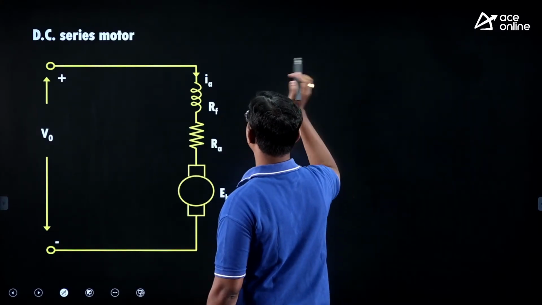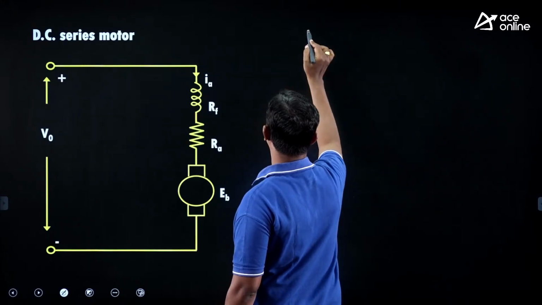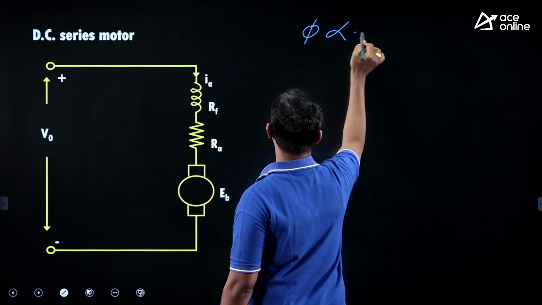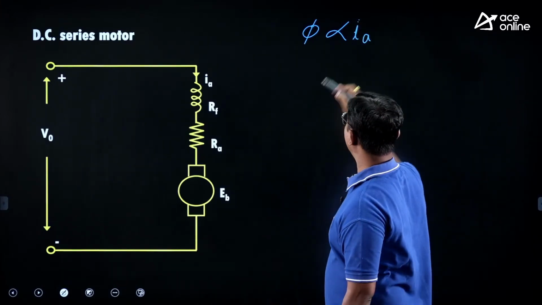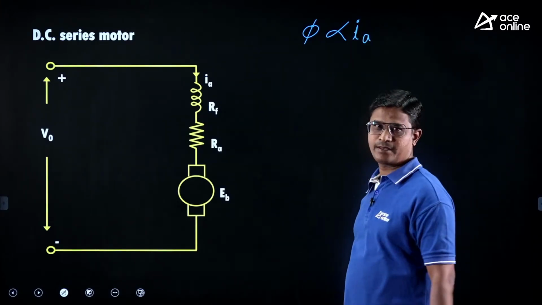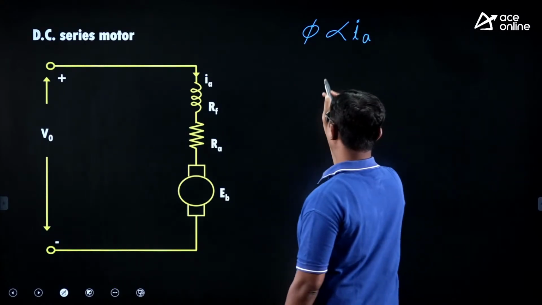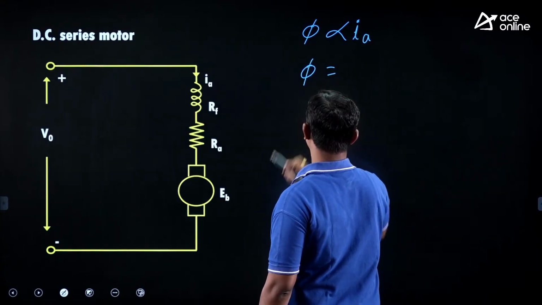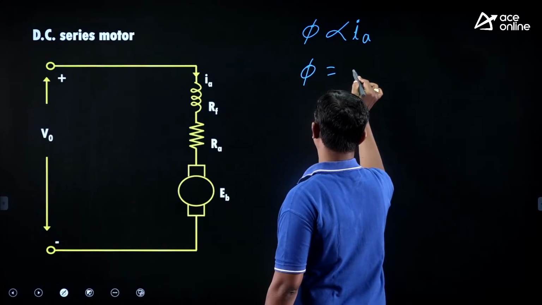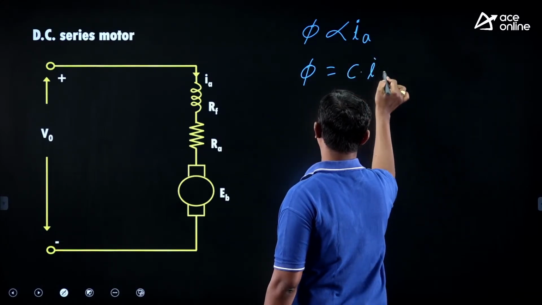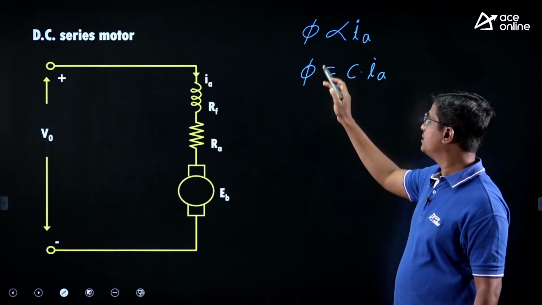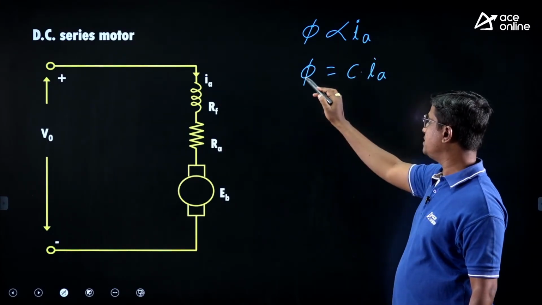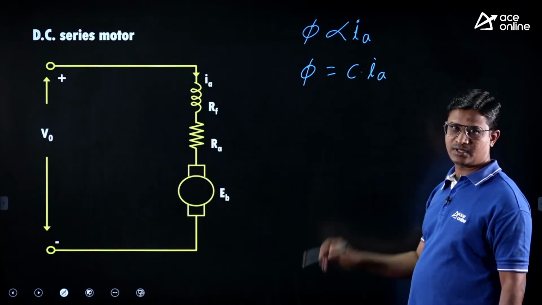Flux phi is proportional to the armature current. This can be written as flux phi equal to C into Ia, where C is a constant of proportionality.